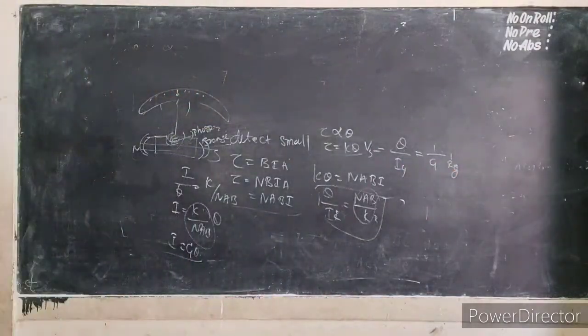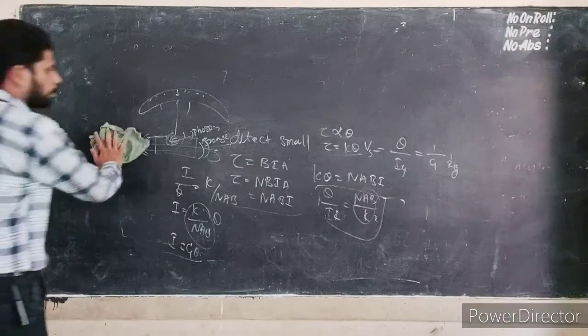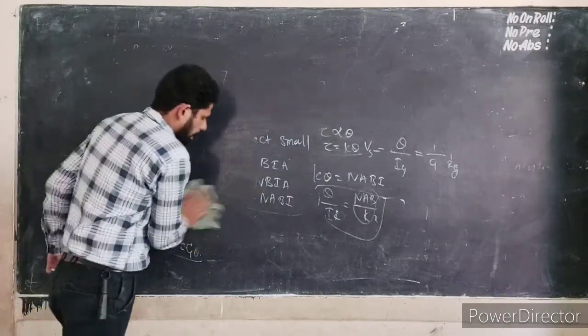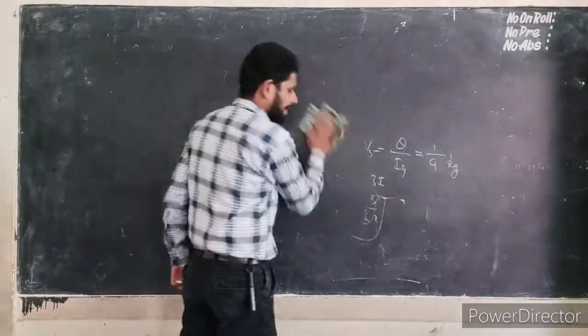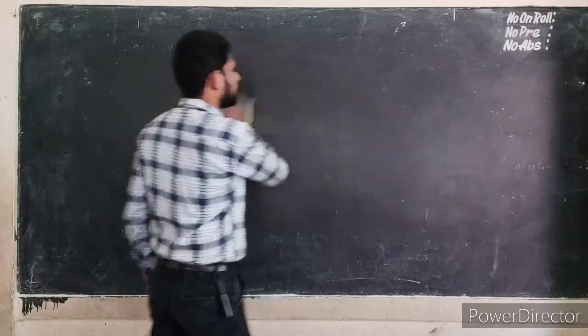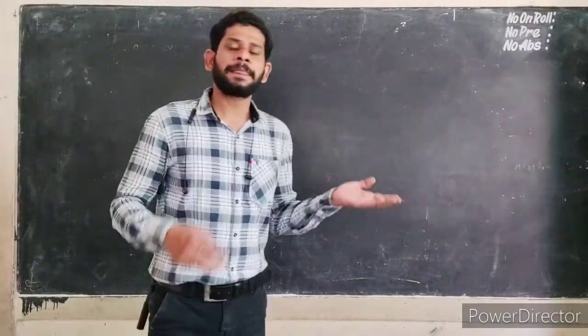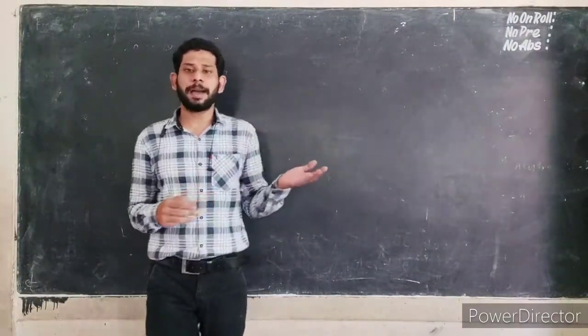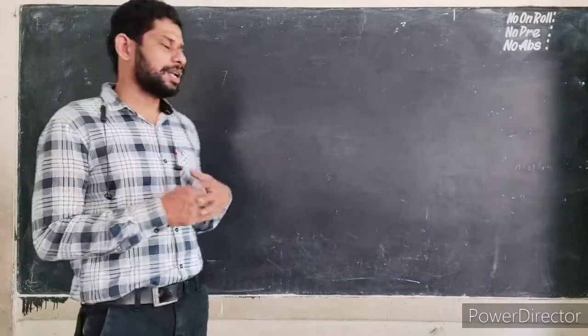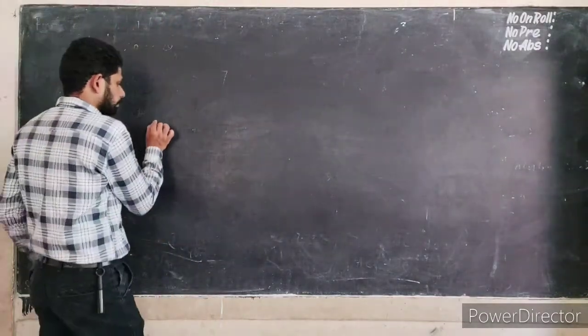Now listen. How to do the conversion of a galvanometer into a voltmeter? The basics of the ammeter and voltmeter are all based on the galvanometer. So the galvanometer can be converted into a voltmeter as well as an ammeter.